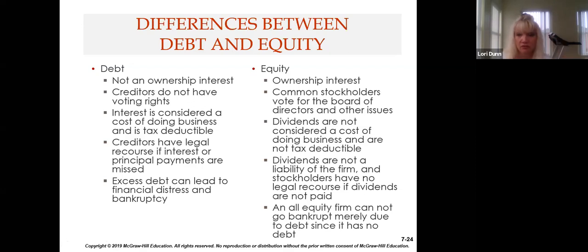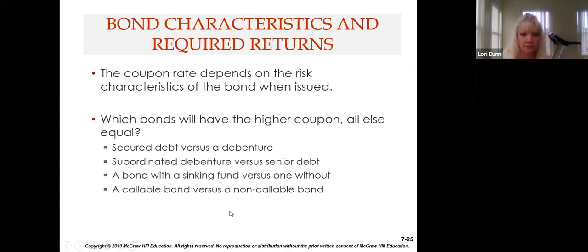That could lead to financial distress and bankruptcy, and they're required by their loan contract, that indenture, to pay. A company that only sells stock to finance itself doesn't have that issue. They don't have to, by contract, pay anything. So that's what they're referring to in that point. So we're focused over here right now in this chapter.